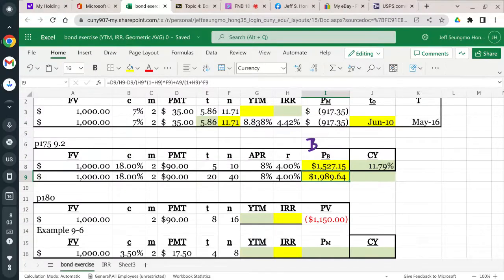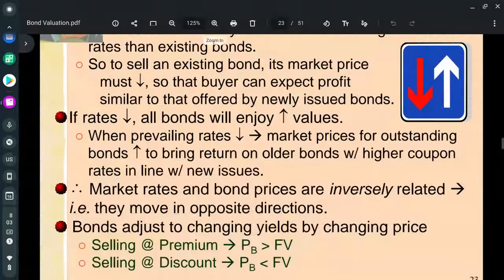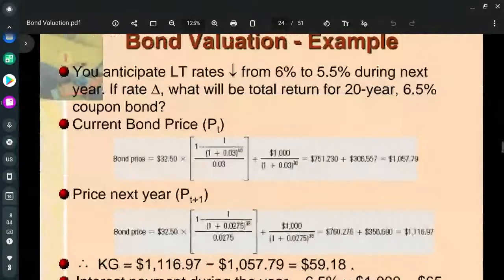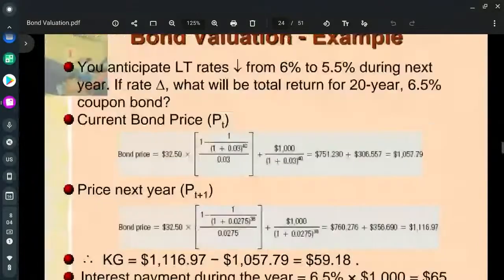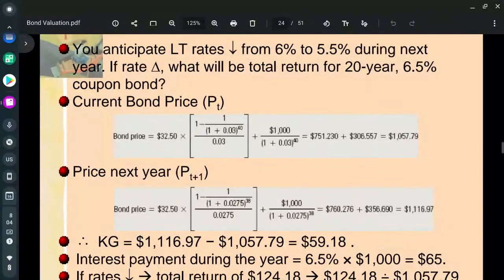So where was I? So it's basically what it is saying. You can forecast, and forecasting the interest rate in the short run is not that difficult, because the Federal Reserve always gives guidance.